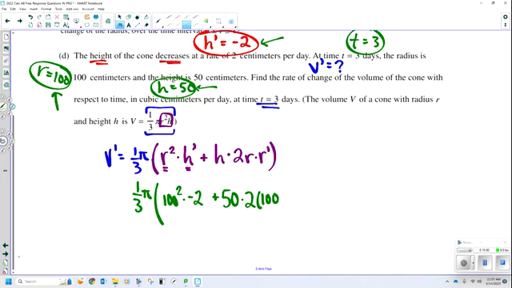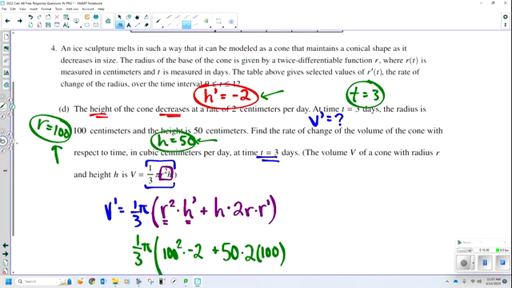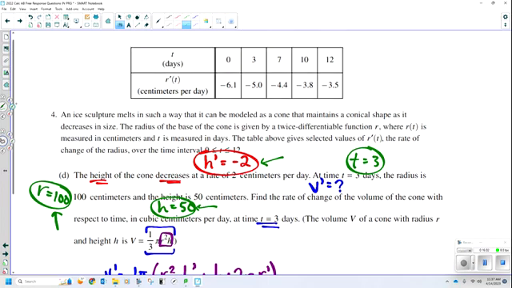What is r prime at 3? It's not given to me anywhere in this problem. Isn't this table the table of r prime? It is. At time 3, r prime is -5. So that's what I'm going to put in for r prime.